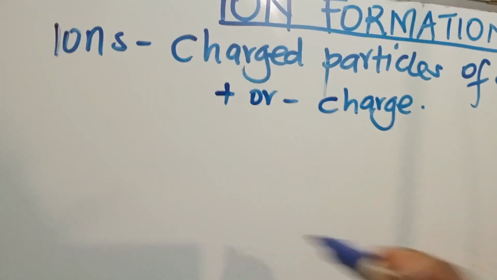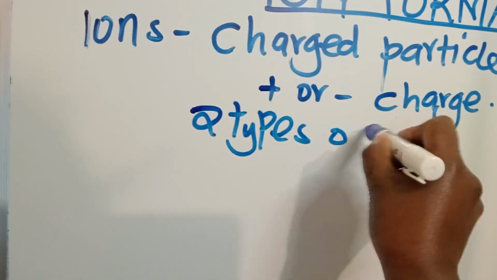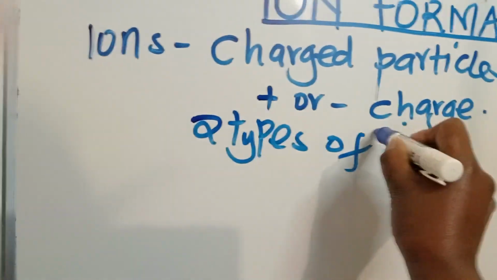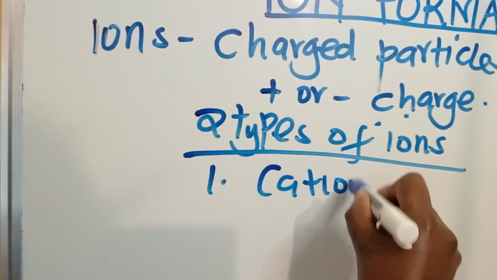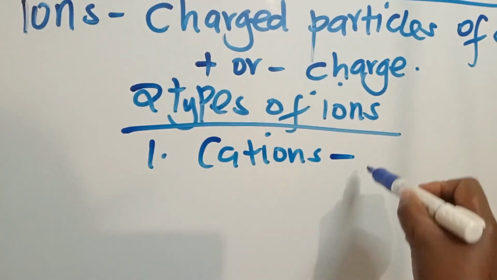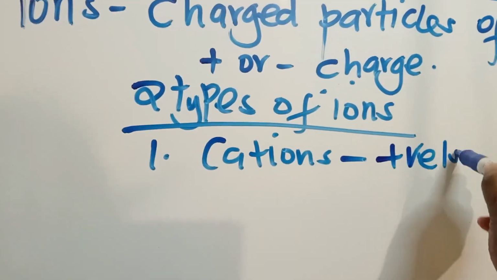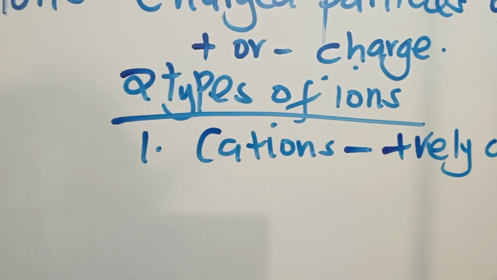So we have two types of ions. We have one, the cations, that we said in our previous lesson are positively charged ions.